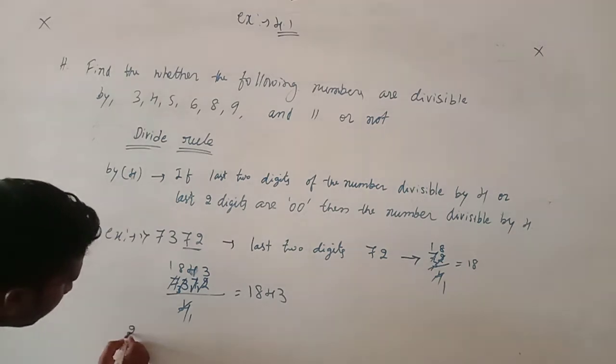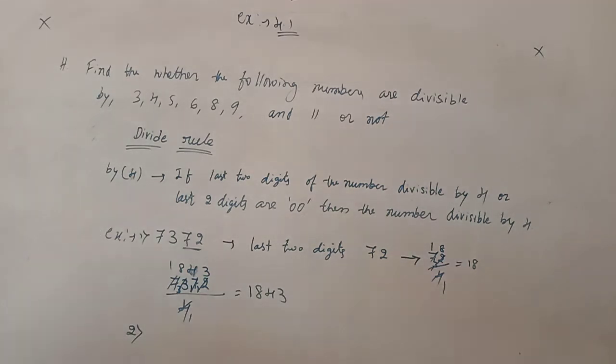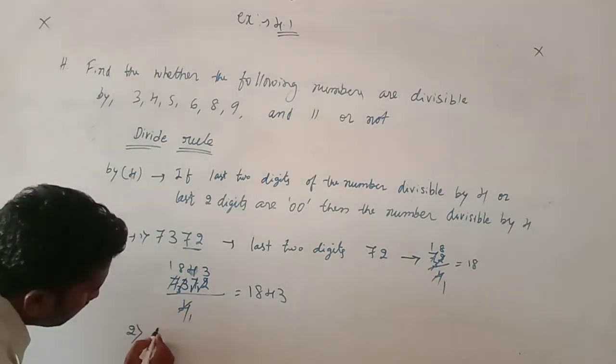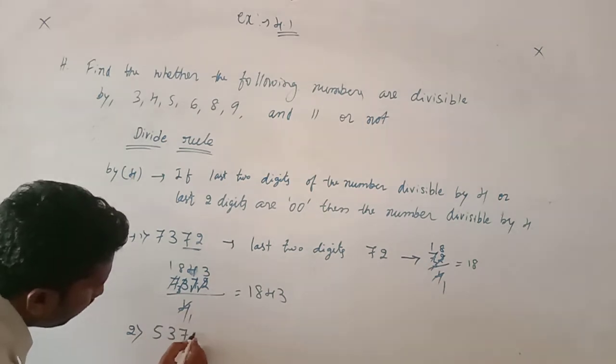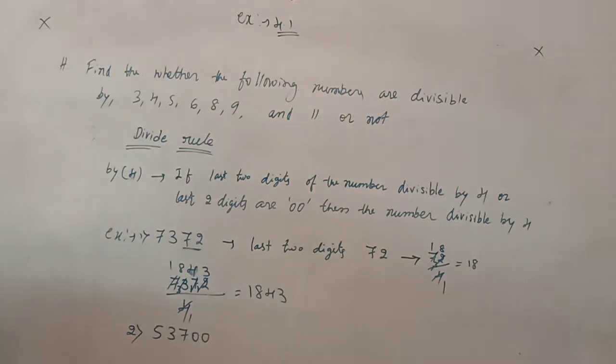Okay, I am taking another example, 53700. The last two digits are 0 0.